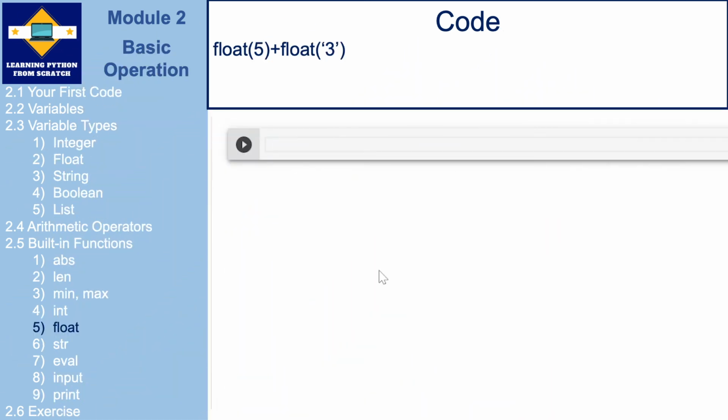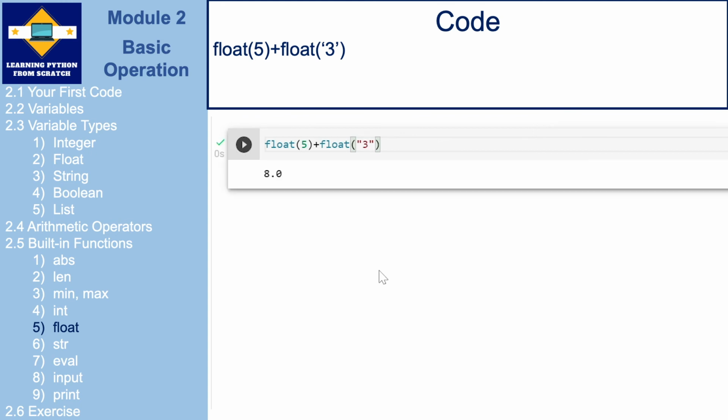Float returns a number as a float variable or converts a string into a float variable. For example, float of 5 plus float of the string 3. The answer is 8, because float converts the string 3 to the number 3, and the sum of 5 plus 3 is 8.